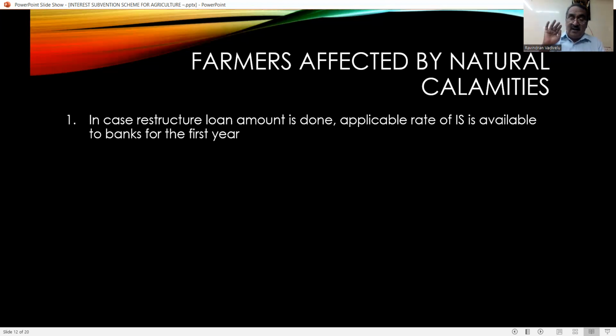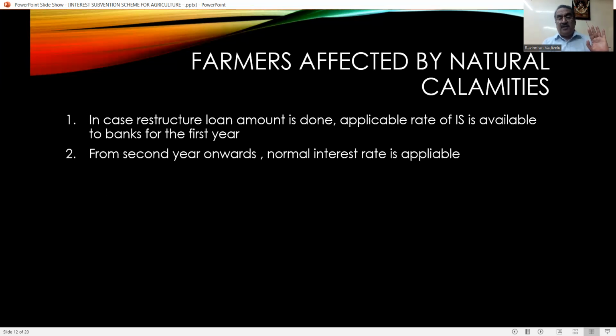Normally, when you do restructuring, other than for natural calamities, interest subvention is not applicable. But when the bankers do the restructuring due to natural calamities, then IS, that is interest subvention, is applicable for the first year, and for the subsequent years you have to charge normal interest.